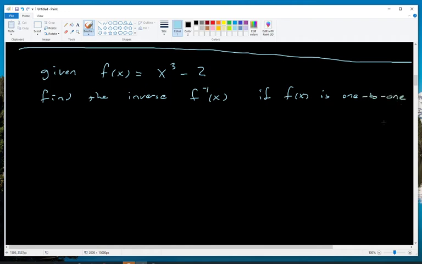So in these, step 1 is check to make sure your function's one-to-one, or the problem will tell you if the function's one-to-one. X cubed minus 2 is the basic cubic function shifted down 2 units, so it looks like that. Every horizontal line I can draw on it will only bump that graph once. So yes, this is one-to-one.